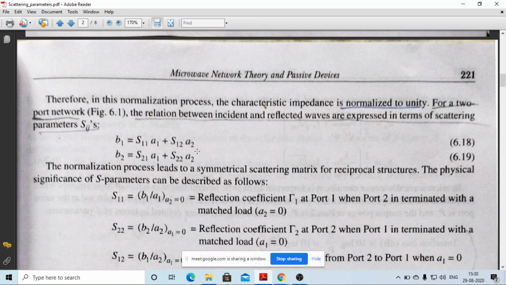So for any port, if you want to keep your reflected wave as minimum as possible, near to 0, you can put a matched load, and a matched load has an impedance which is generally equal to the characteristic impedance.